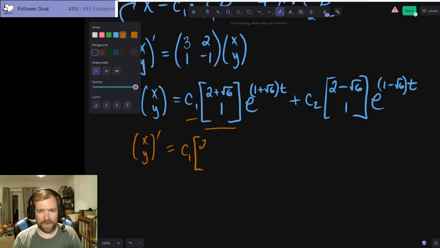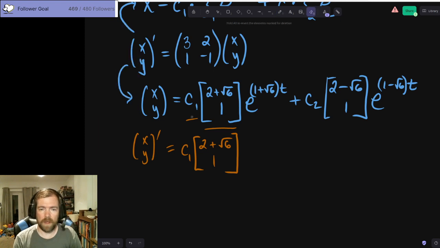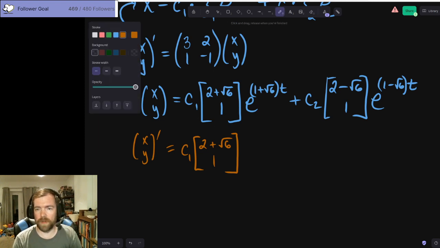So we don't have to do anything at the moment with these two bits. You could just say, that's it. All right, then we take the derivative of the e portion, which is itself times the constant up top.